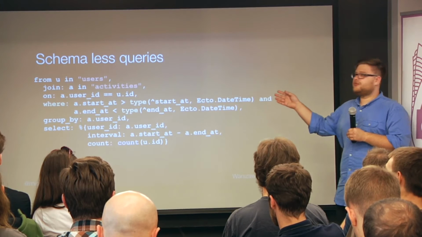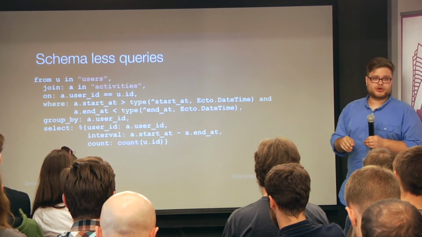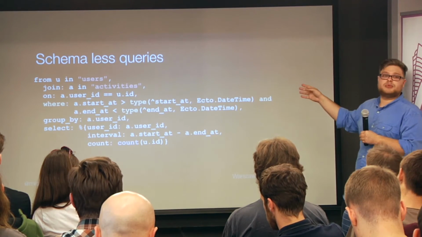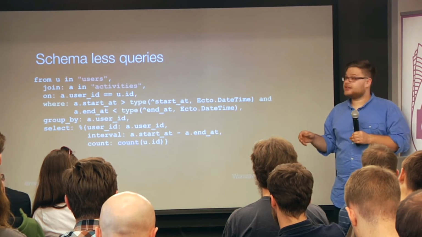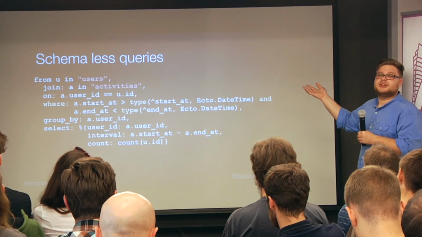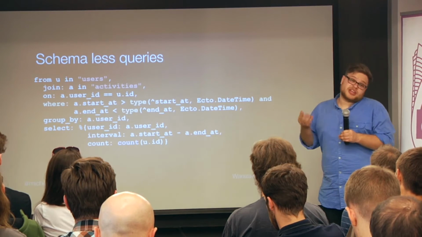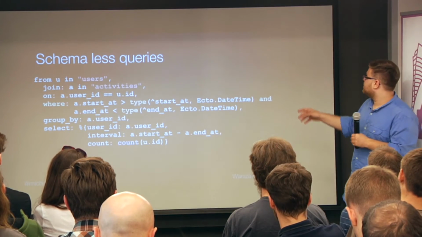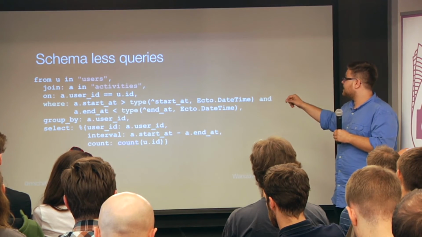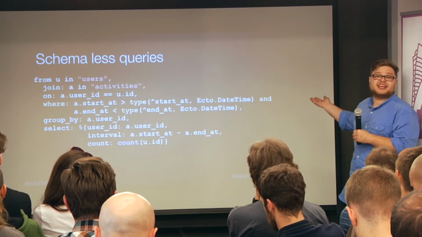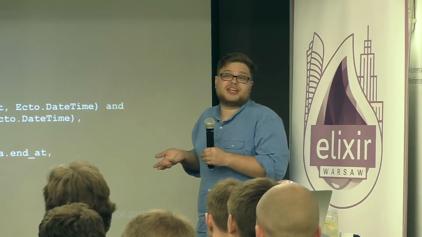But instead of what we saw before, where there was from w in Weather, which was the module name, we can query the table users where we don't have the schema. So for example, below you have to tell Ecto that start_at is a datetime because it can't know that.